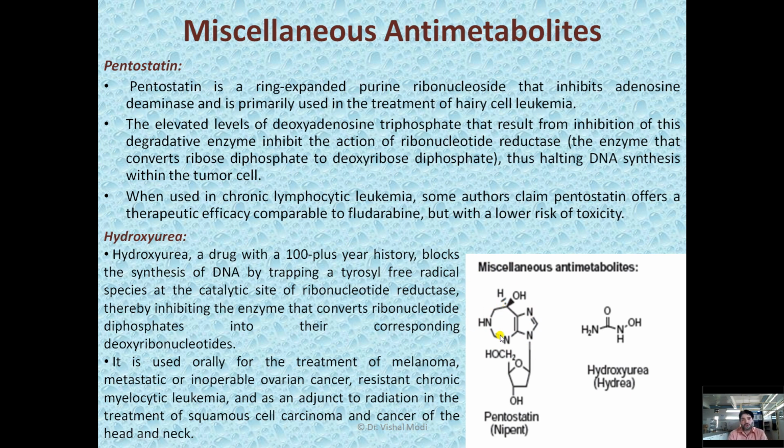So, that is why it is called a ring expanded purine ribonucleoside that inhibits adenosine deaminase and is primarily used in the treatment of hairy cell leukemia. The elevated level of deoxyadenosine triphosphate that results from inhibition of this degradative enzyme inhibits the action of ribonucleotide reductase, so halting DNA synthesis within the tumor cell.